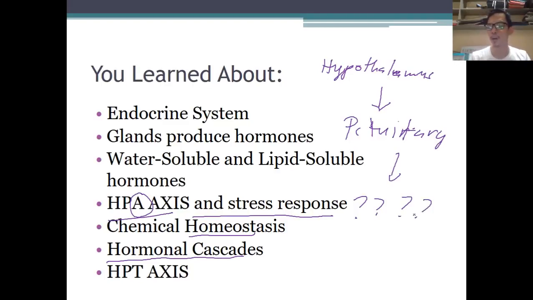We call it the hormonal cascades. Next one is another pattern called the hypothalamic-pituitary-thyroid axis. It talks about the pattern used in how the thyroid gland secretes its thyroxine hormone, which is necessary for growth.